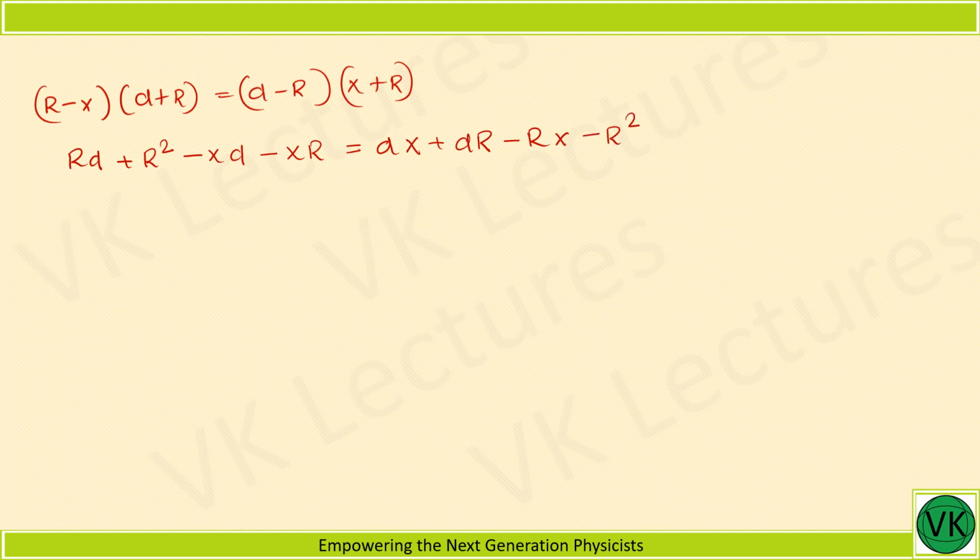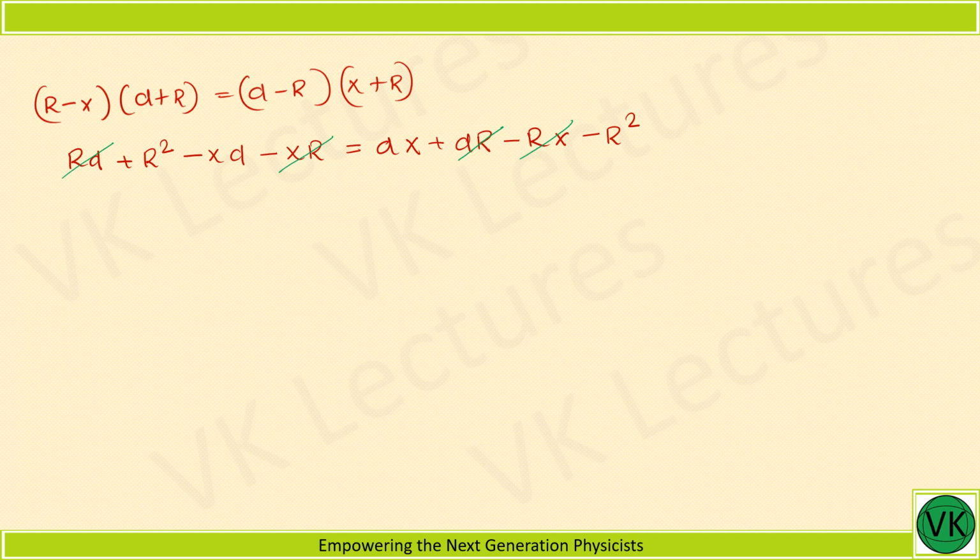Now let's cancel out the common terms. Rd and dr get cancelled. Minus xr, that's minus xr here, minus rx here. So r square minus xd.